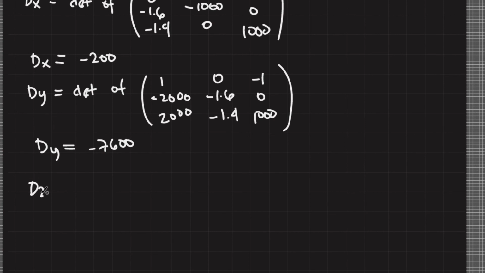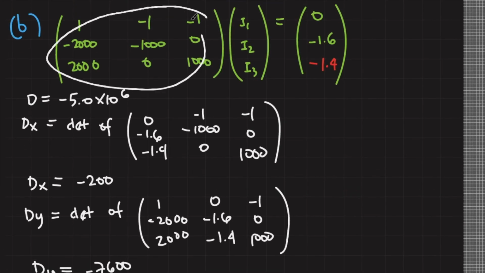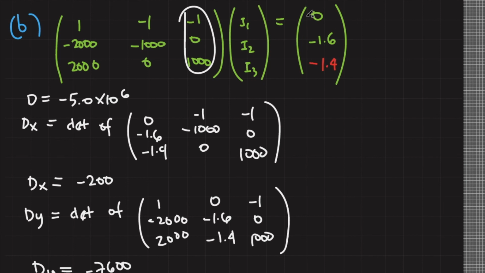Finally, d sub z is the determinant of this matrix, but I'm going to replace this with these values.